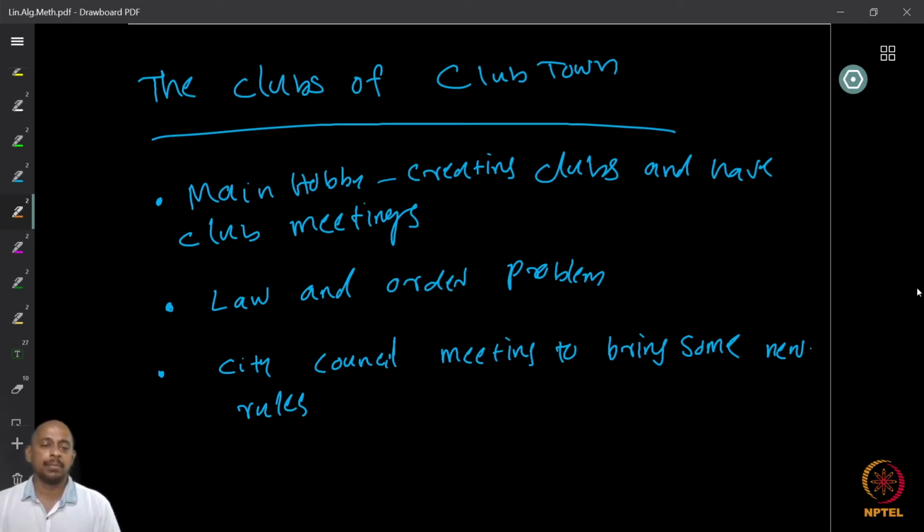Now the problem was that the number of clubs started increasing, and because there is no restriction, you can have so many clubs. Even the same set of people will form several clubs, right? Now when we have several club meetings happening, and one person is present in several of them, there is going to be trouble.